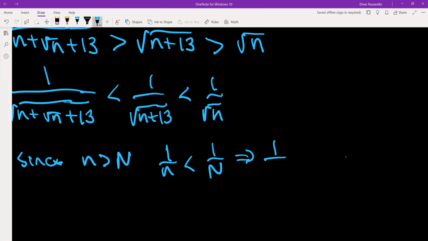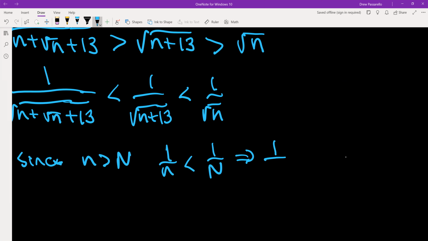So that way 1 over capital N is less than epsilon squared, which then implies that, square rooting both sides, 1 over square root of capital N is less than the square root of epsilon squared, which is epsilon. All right, so that's our necessary N.